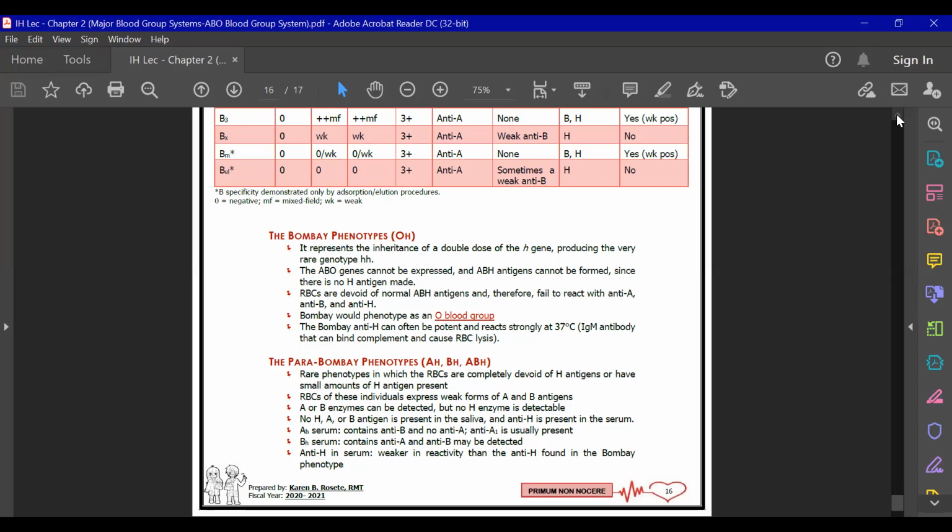This is also a very rare phenotype. These phenotypes have RBCs that are completely devoid of H antigens, or if present, the antigens are only in very small, trace amounts on the red cells.